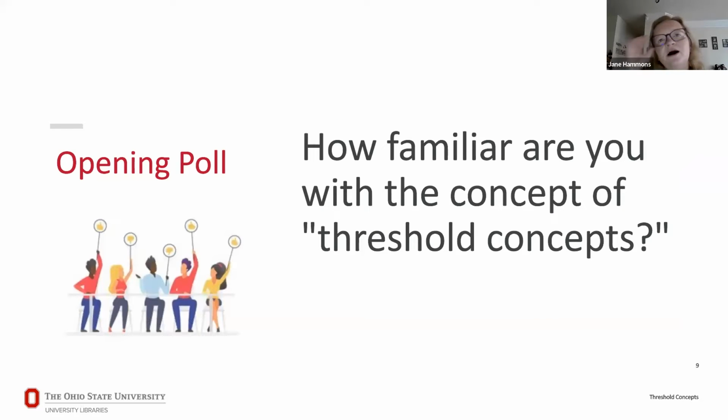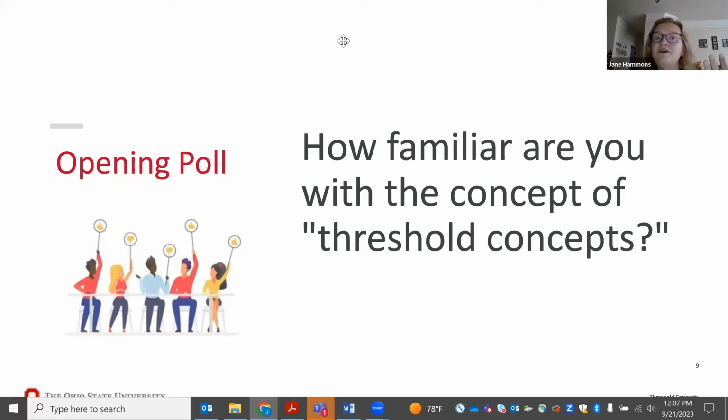So I'd like to know, before we really jump into the content, how familiar folks are with the concept of threshold concepts. I know for some folks this might be completely new, some might be more familiar. So I'm going to go ahead and do a poll really quickly just to get an idea of familiarity with threshold concepts.